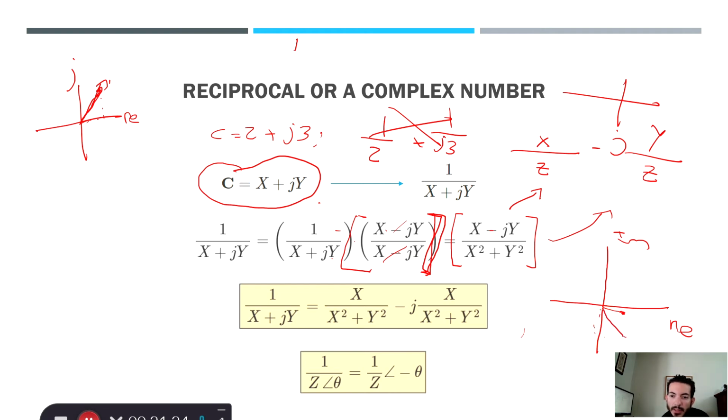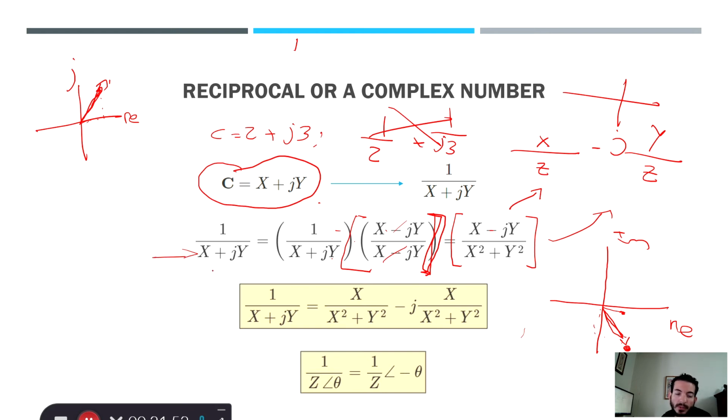So it will be over here. Okay, so the reciprocal of this value is a point over here. It's not intuitive at all. It's not just dividing each part out, or 1 divided by the real part plus 1 divided by the imaginary part. No, you have to do these sorts of computations to get your reciprocal.